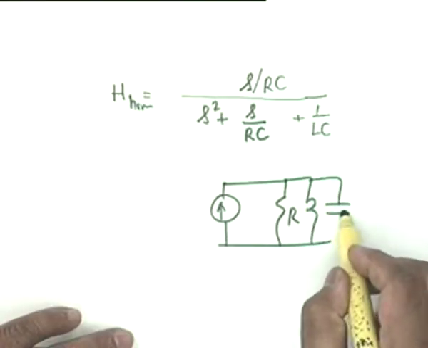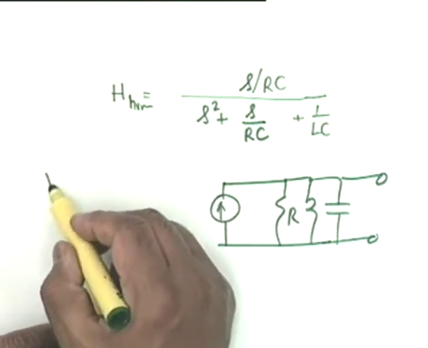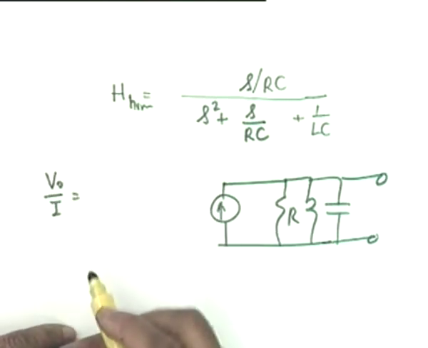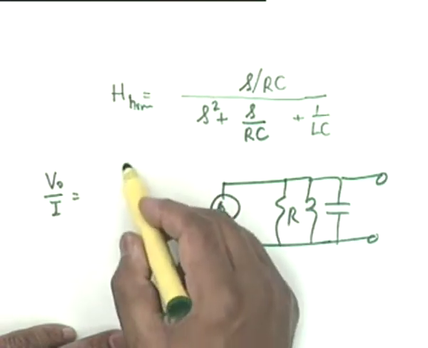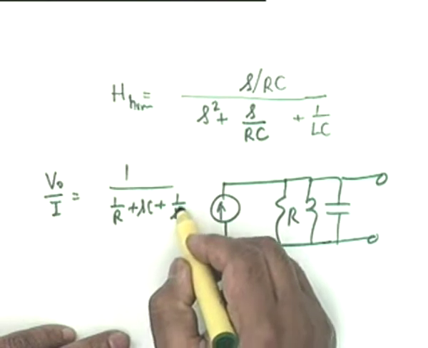For a simple tuned circuit, well, let's derive this. I see that you are not comfortable. This is what it is. So I have the V0 by I would be equal to the impedance of this, which is 1 by R plus SC plus 1 over SL.